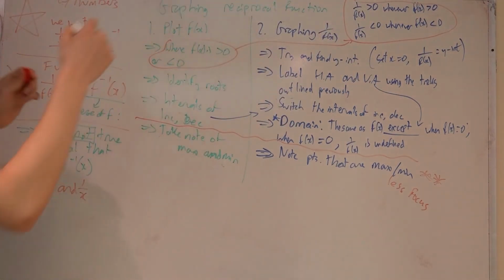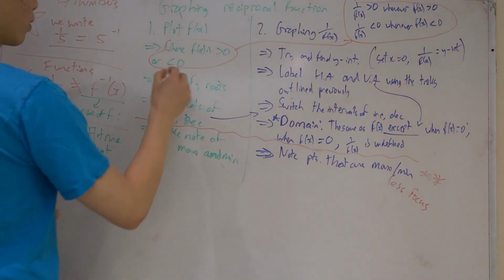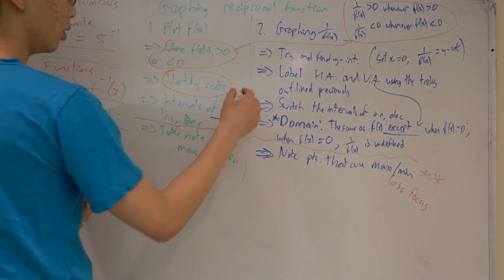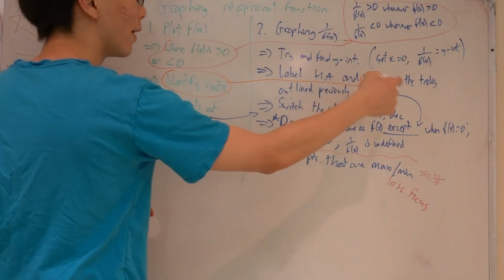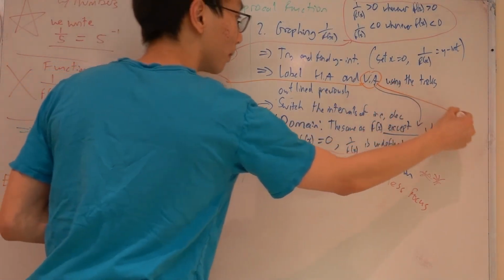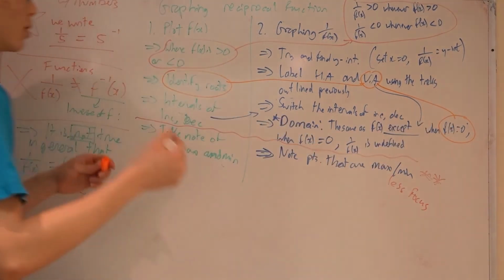So those two are linked. The roots, of course, you will use to identify the vertical asymptotes, which in turn will allow you to identify the domain. Okay, right? Identify roots is the same thing as f of x is equal to 0.